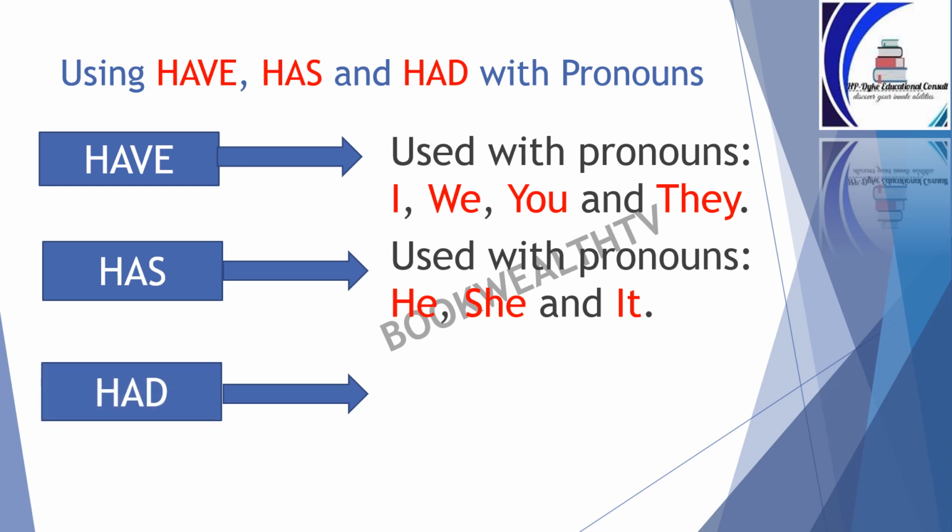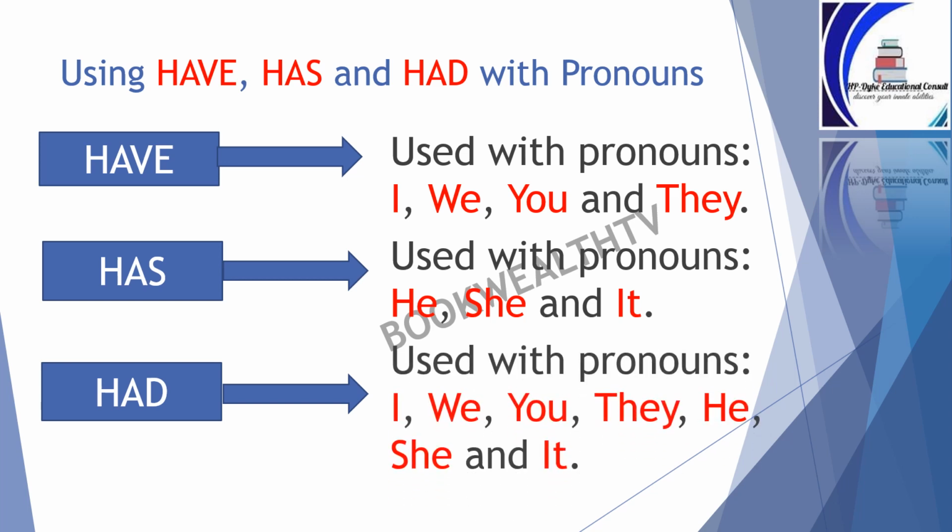Had is used with pronouns I, we, you, they, he, she, and it. It's important to point out that had can be used with any personal pronoun that is used as subject. We should, however, be careful with using have and has. We shall now use them in sentences.